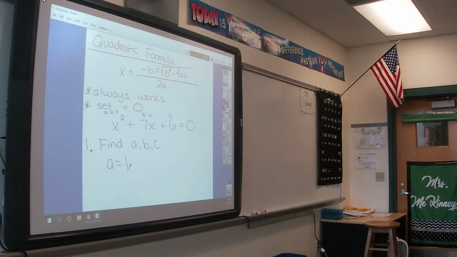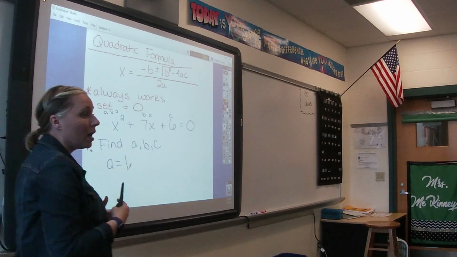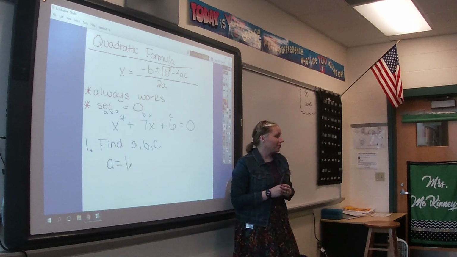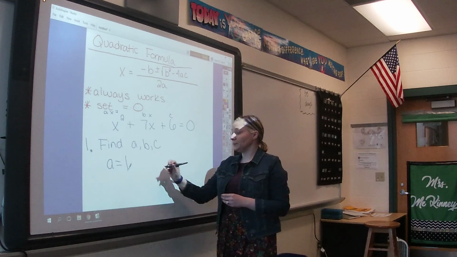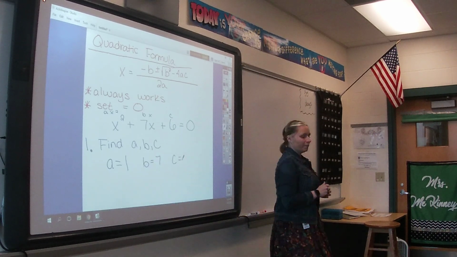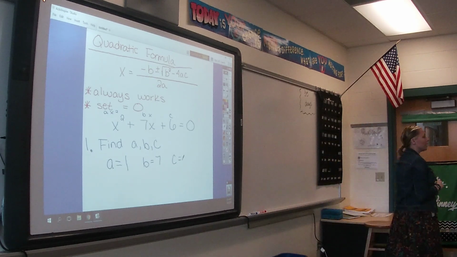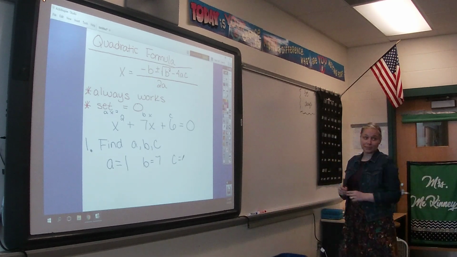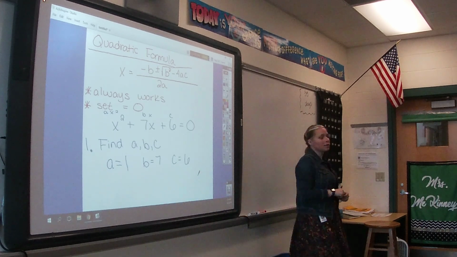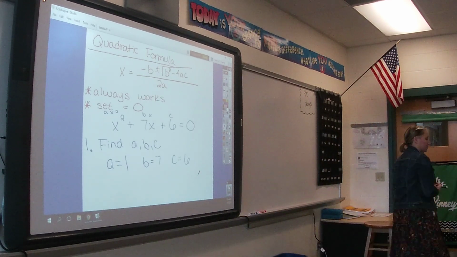You are only pulling out a number, just like in trinomials when we were factoring, right? A times c, that variable didn't come with it. What's b going to equal? 7. What is c going to equal? 6. So a is 1, b is 7, c is 6.